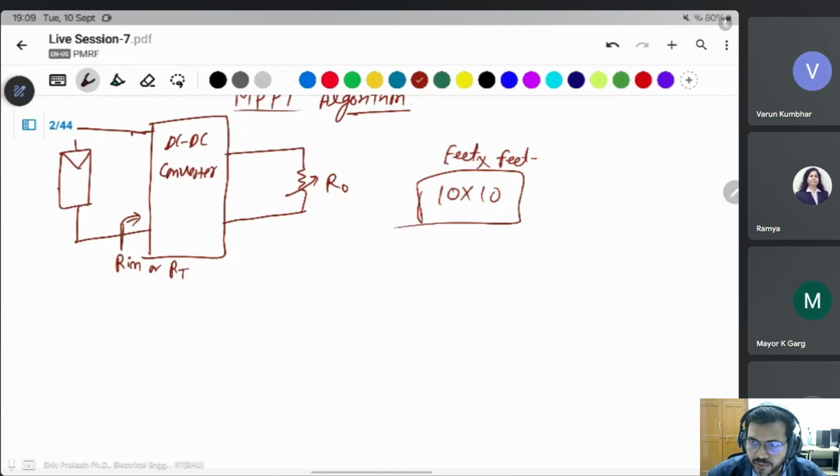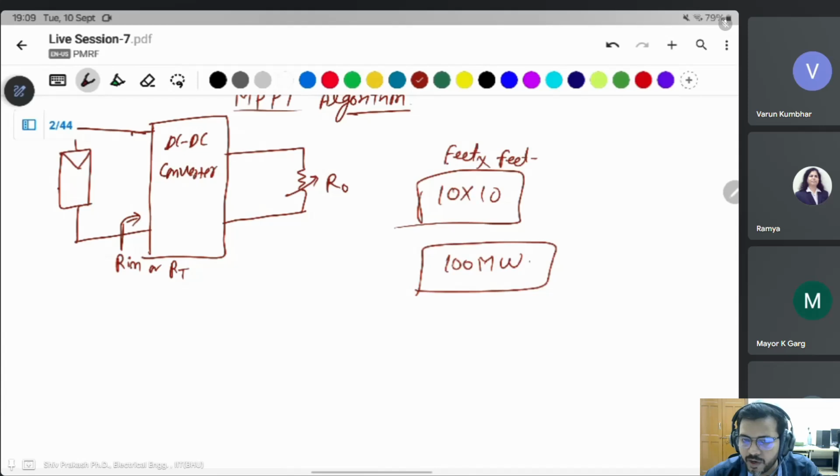Then if you want to make a converter or inverter for high power, what should be its efficiency? Suppose there is a large power, like 100 megawatt. You want to build an inverter for 100 megawatt.